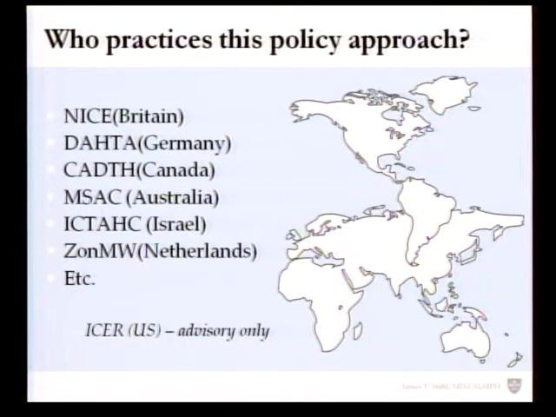So who practices this policy approach? Well, most of the rest of the civilized world except for us. The most well-known institute is the National Institute for Cost Effectiveness Analysis, though Germany, Canada, Australia, Israel, the Netherlands, and several others also use this explicitly. These are organizations set up based on this procedural justice idea, that we have to allocate our resources, and we want to make sure that it's transparent, public, and subject to revision and appeal.